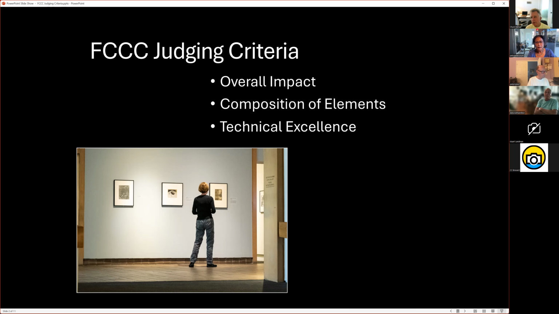Pat, we're going to go through each one of those. So why don't you just state that there are 3 criteria: overall impact, composition of elements, and technical excellence. And we're going to unpack each one of those criteria, but it's 3 fundamental categories.